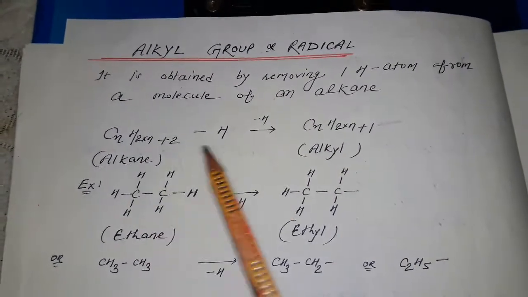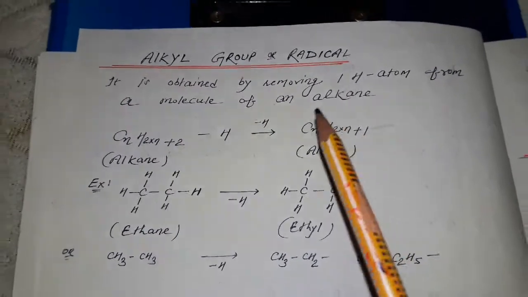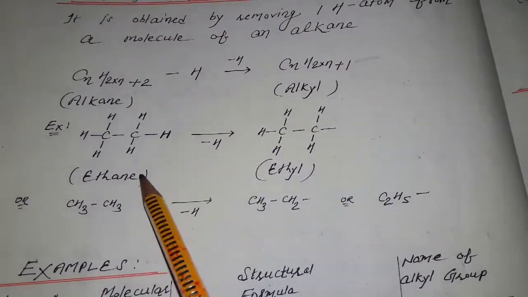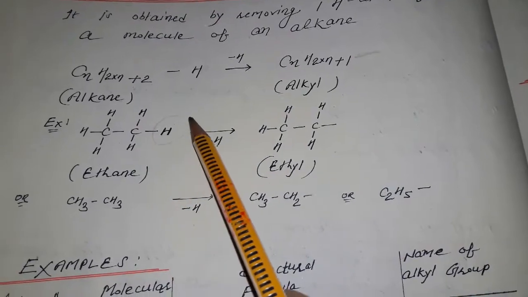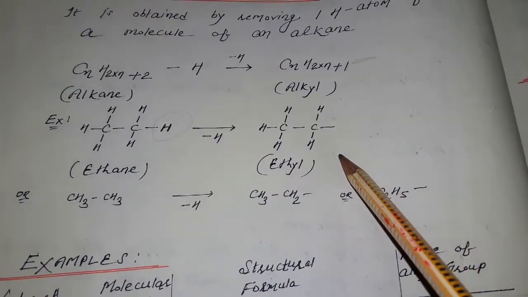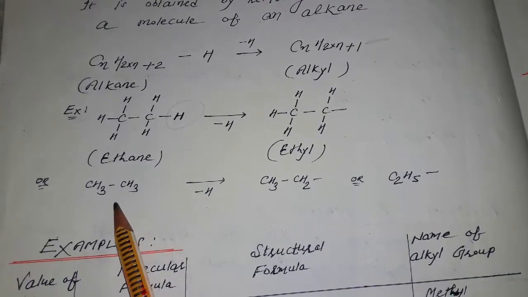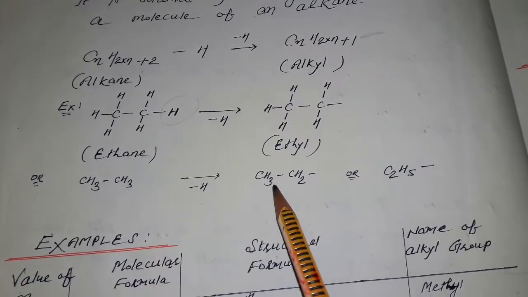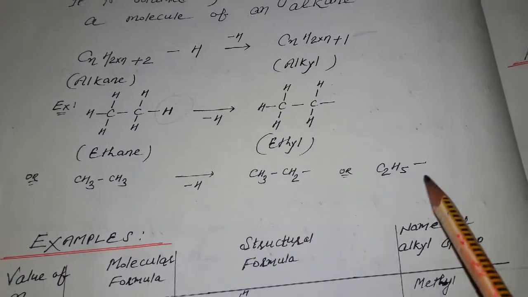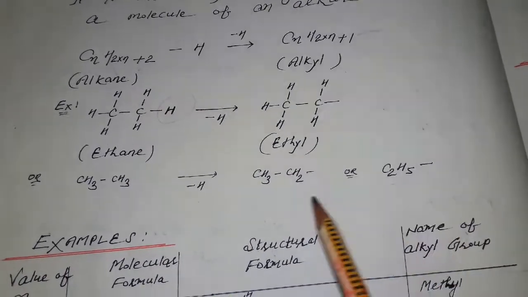So from an alkane we derive the alkyl group. For example, this is ethane, and removal of one hydrogen gives ethyl. In this form we can also write CH3CH2 or C2H5. This is the ethyl group, and this is also the ethyl group.